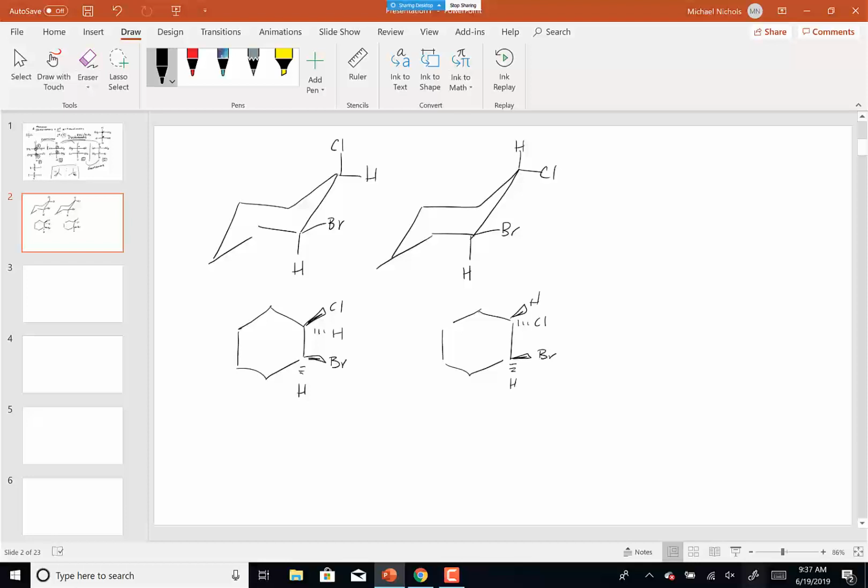So one of the things we could do here is write like we did yesterday. We could imagine ourselves up here looking down on the ring, and we could draw the two flat cyclohexanes. And then we just have to realize that in this case the chlorine's above the ring, the bromine's above the ring, over here the hydrogen and the bromine are above the ring.